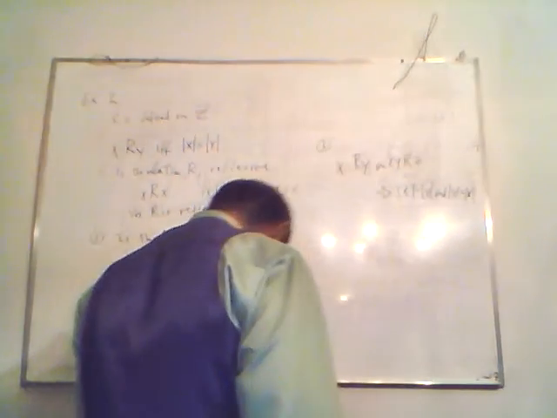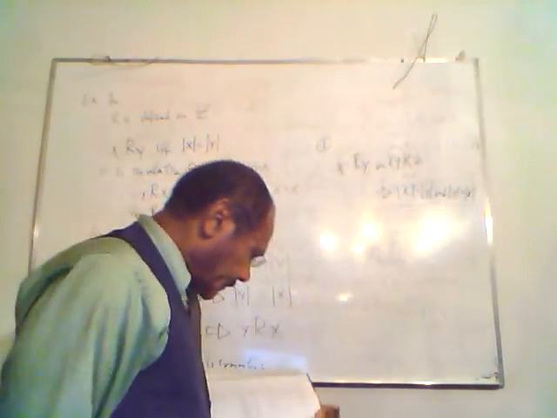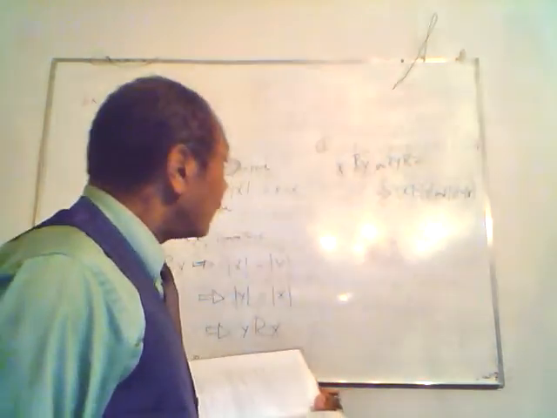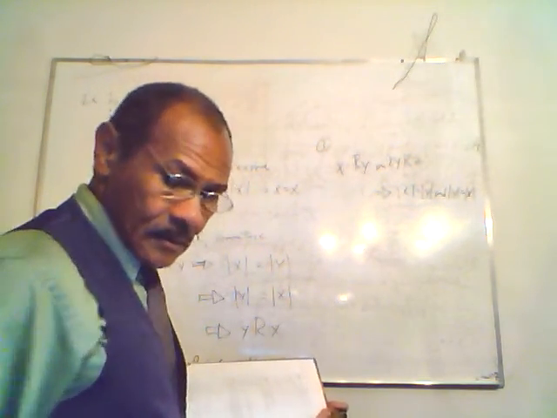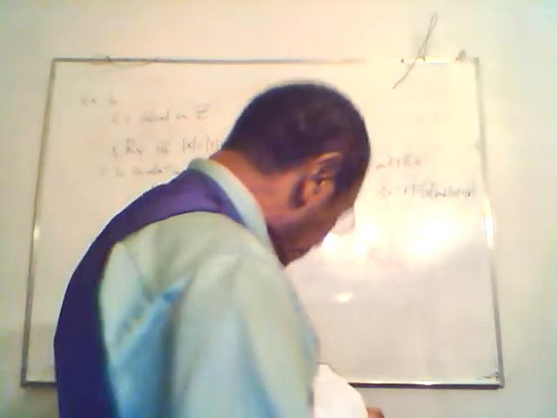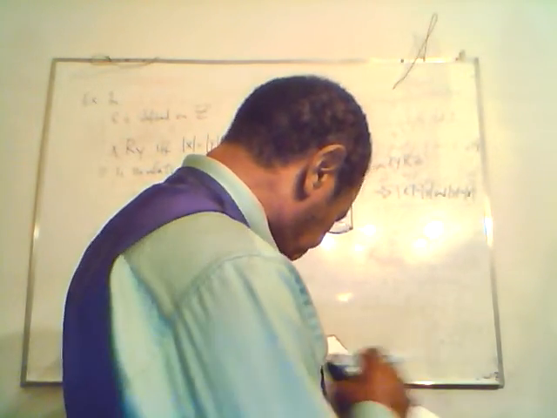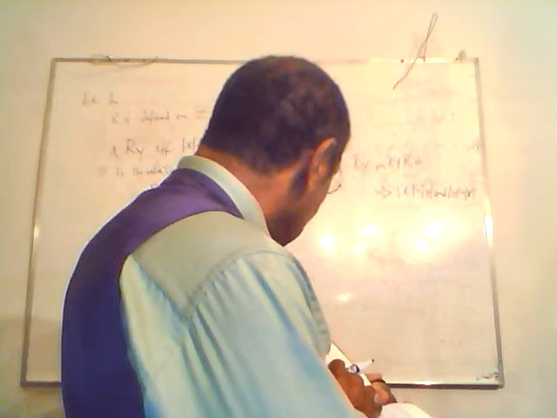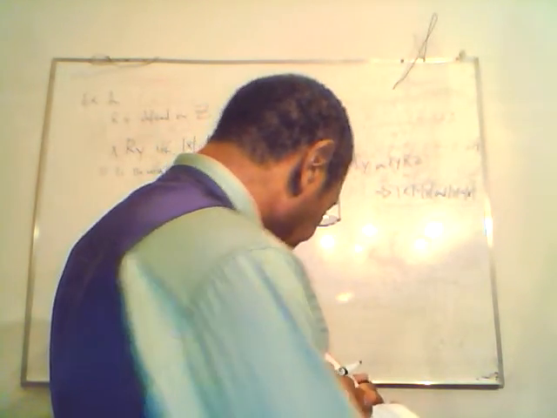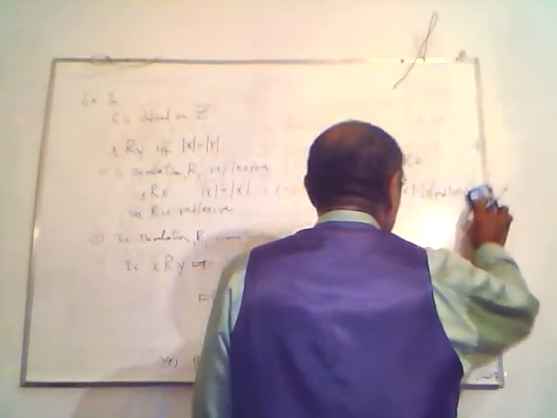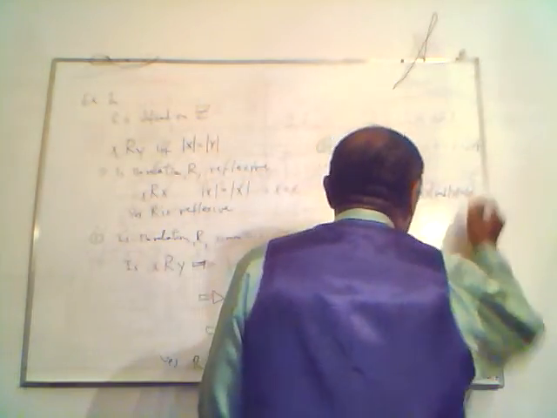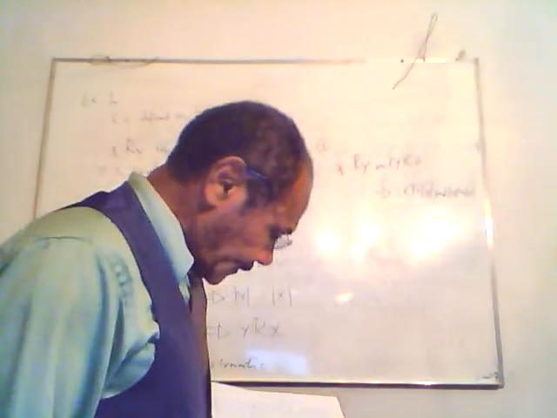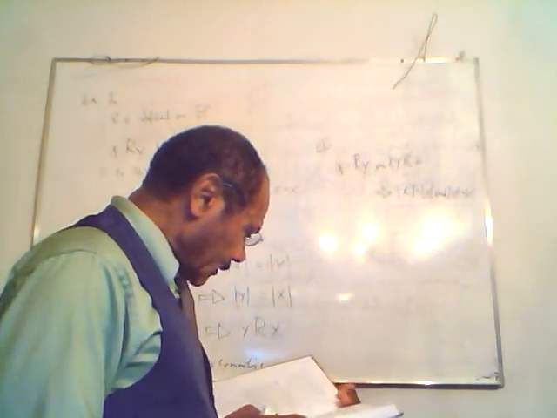So now the absolute value of X equals absolute value of Y, and absolute value of Y equals absolute value of Z. So now we just have regular equality.